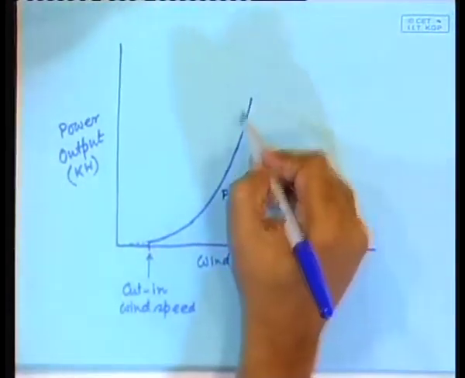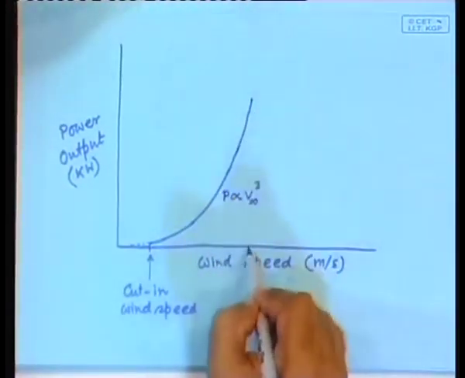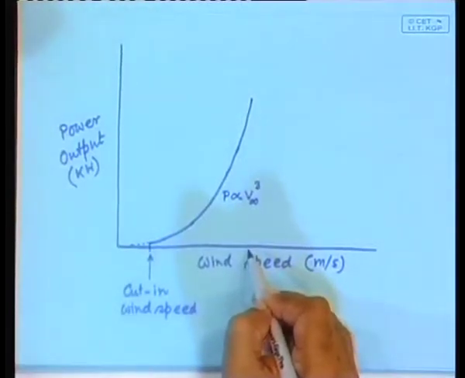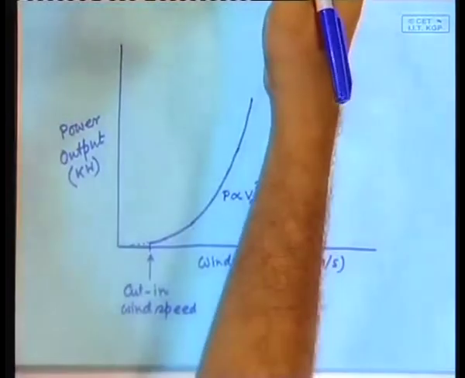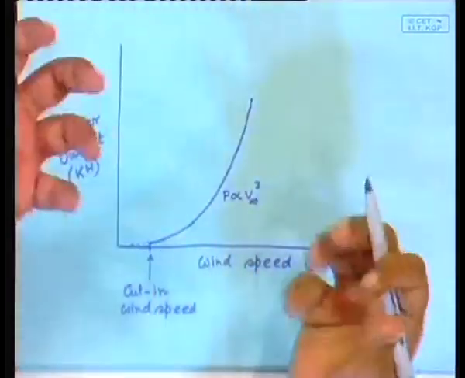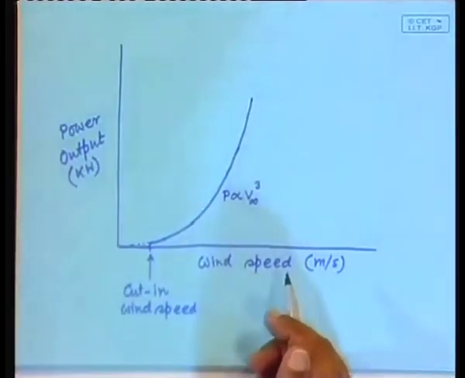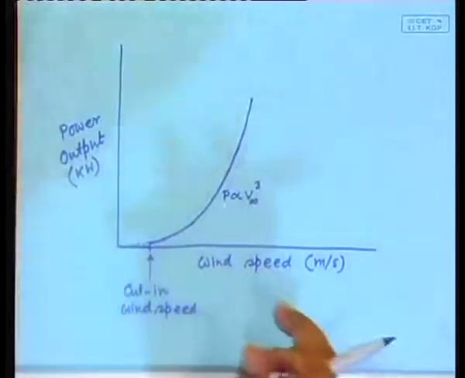But as the wind speed increases, there comes a particular state when, if you extract the maximum possible power output, that is the rated power of the generator. Every generator has a rated power, every motor has a rated power, everything has a rated power.